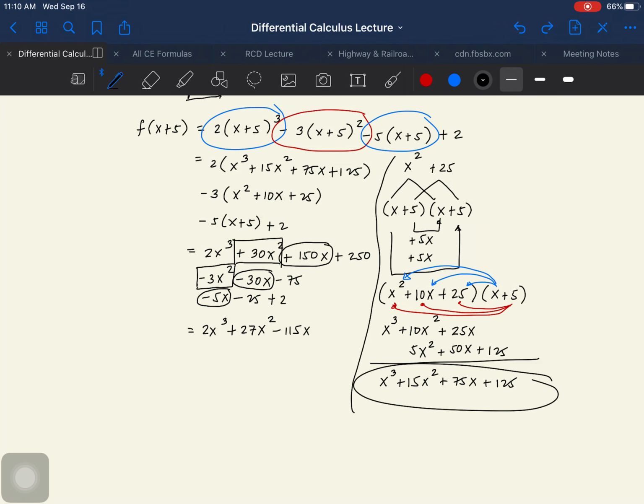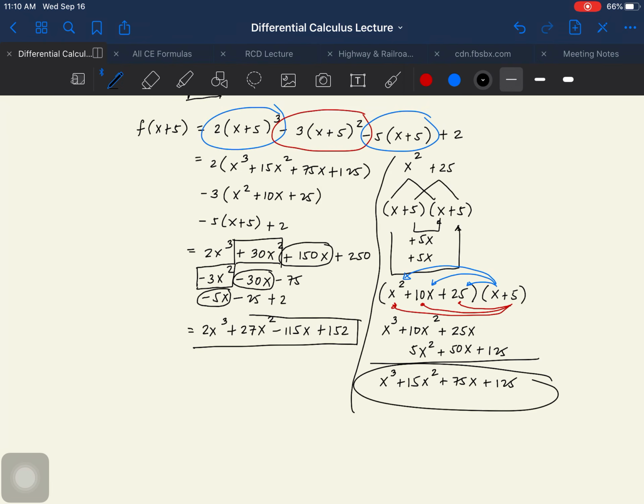So what is 250 minus 75 minus 25 plus 2? So we have there negative 75 and negative 25 already is 100. 250 minus 100 is 150. 150 plus 2 is 152.